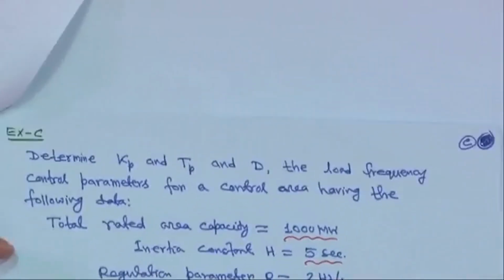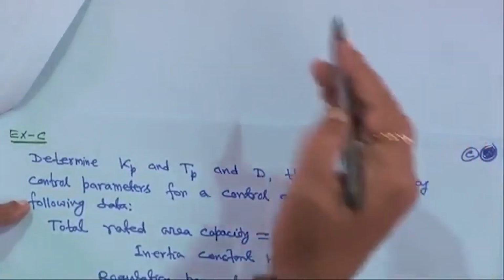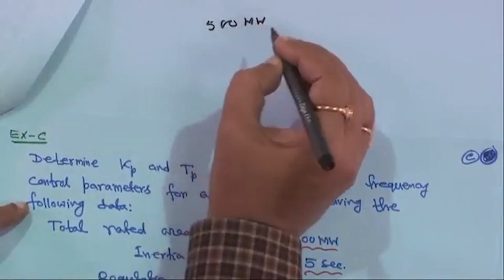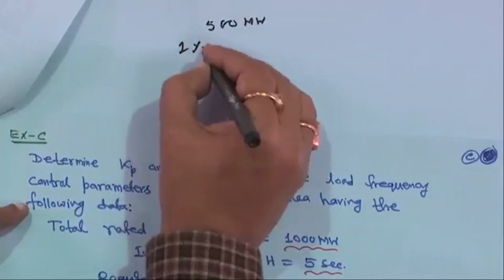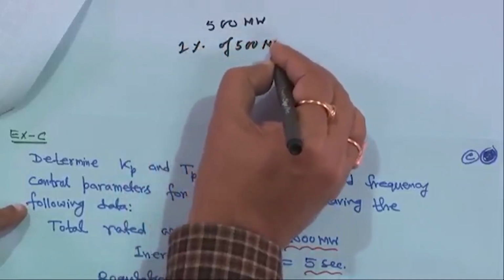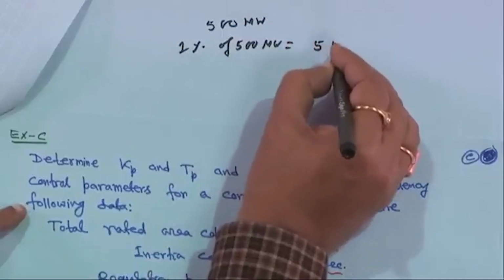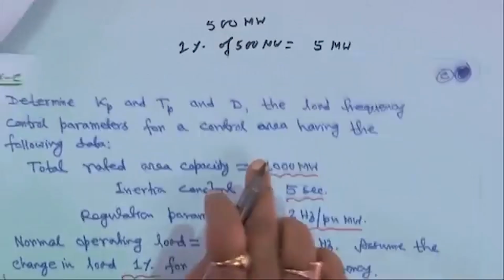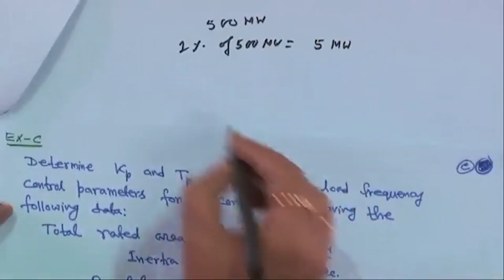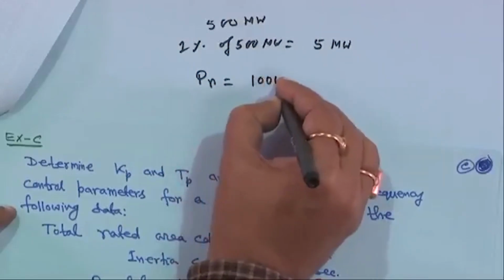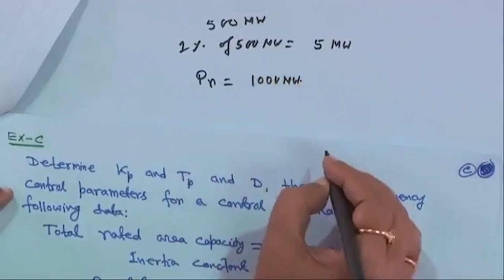Actually, if you have any confusion, the operating load was 500 megawatt, right? So 1% of 500 megawatt is equal to 5 megawatt. The rated capacity PR is equal to 1000 megawatt, right?